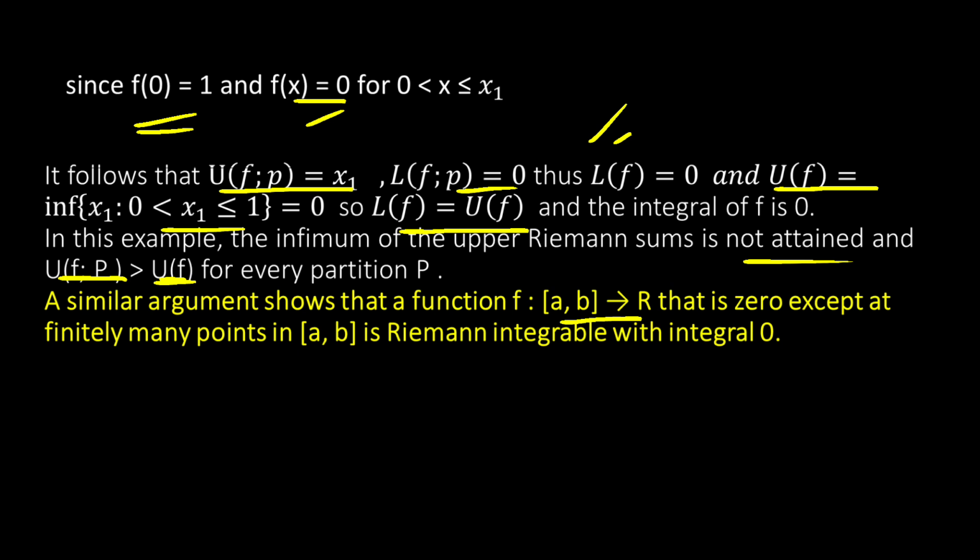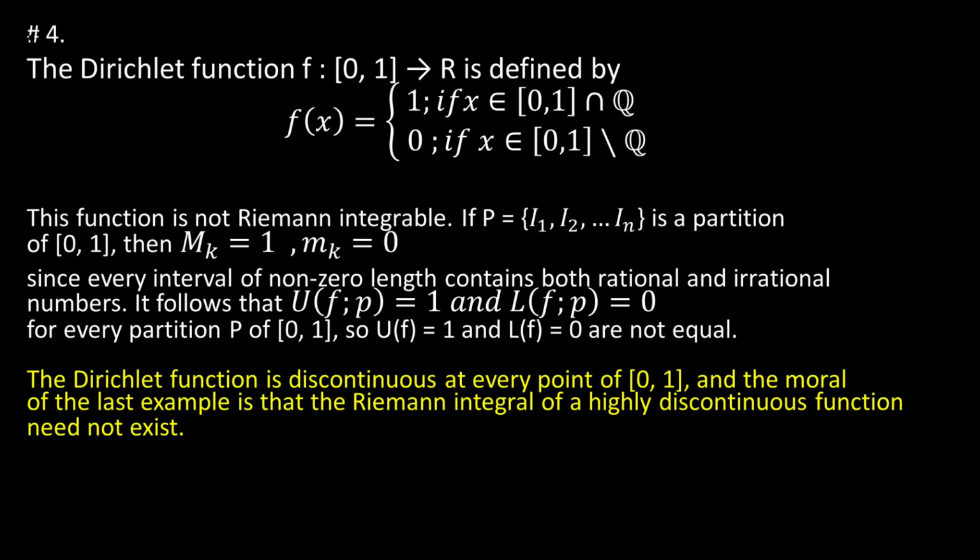So if you have any function on a given interval, and it happens that it is 0 except at finitely many points in the interval, then that function is Riemann integrable and its integral is actually 0. Note that please.